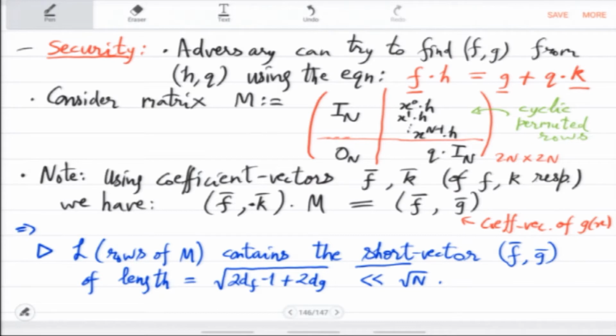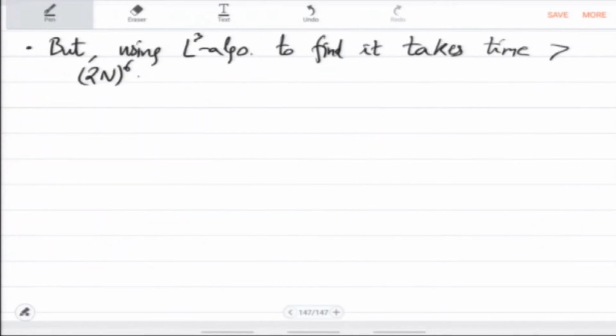So the bit size here is, if you look at the matrix, you have q in so many places, so that's log q, the bit size of the constants, right? 2n is around 500 and log q was 120, so this was 7 squared.